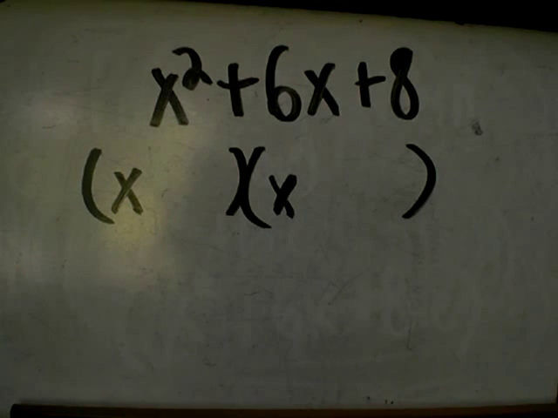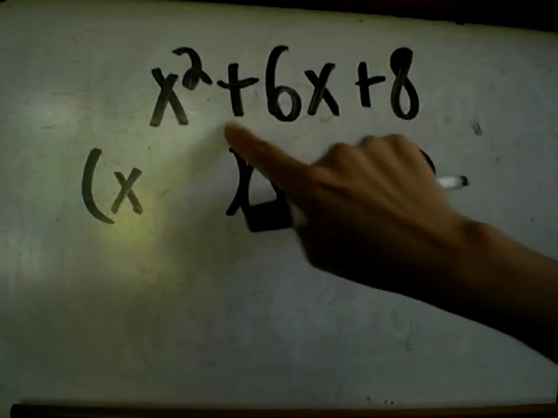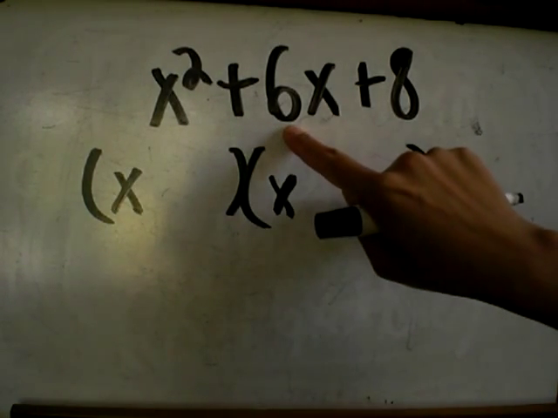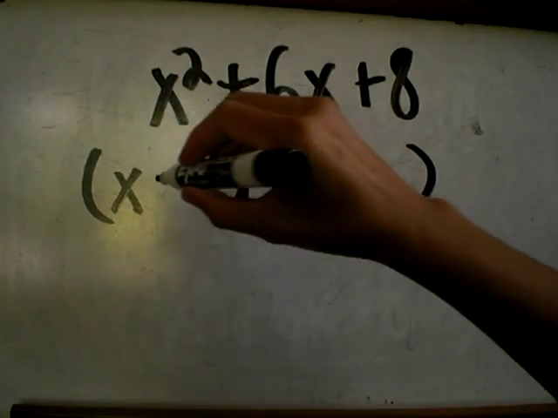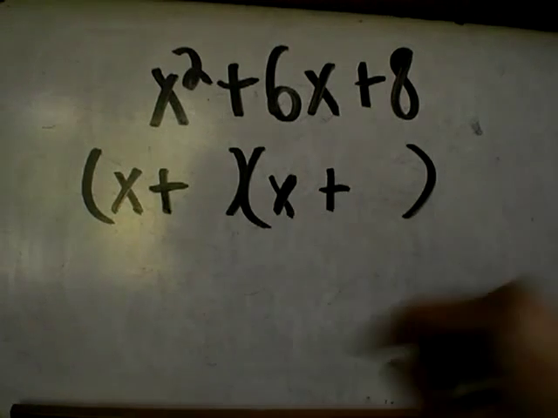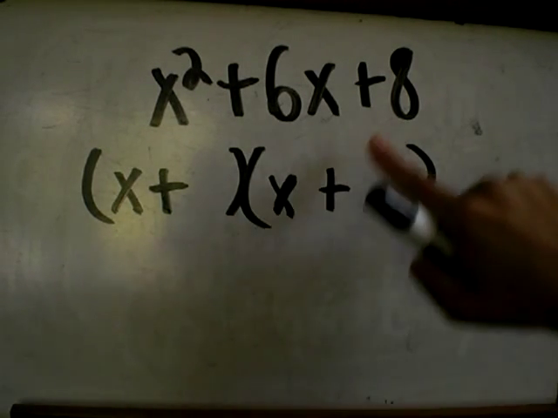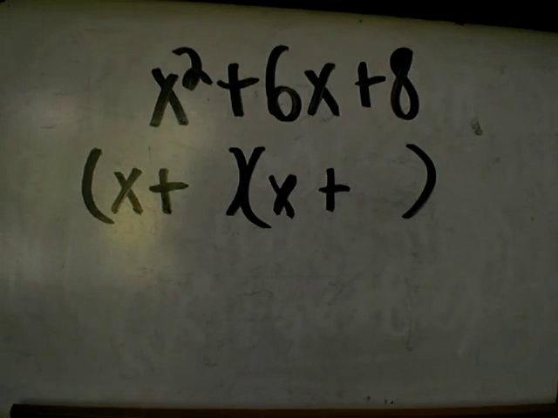Now remember, you can multiply a negative times a negative and get a positive. You can also multiply a positive times a positive and get a positive. Now, in this case, because our b is positive, that means that our signs will both be positive.